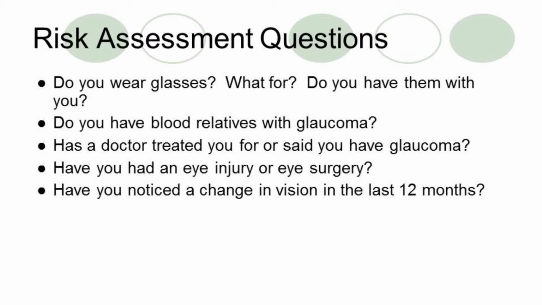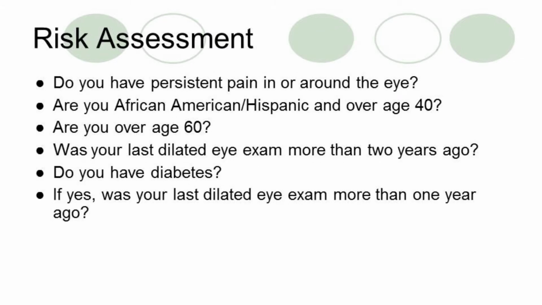Another important thing to mention is it's really important to ask follow-up questions after the patient fills out the risk assessment questions. The reason for that is because in regards to the question about a family history of glaucoma, some patients might say yes, but they don't really know what glaucoma is. One question in particular that's really important to have follow-up questions to is if the patient says yes for the question, do you have persistent pain in or around the eye?